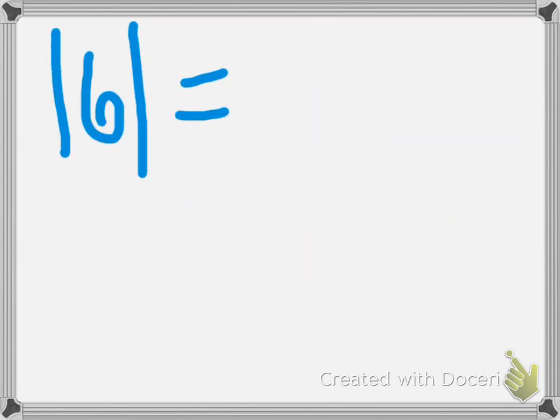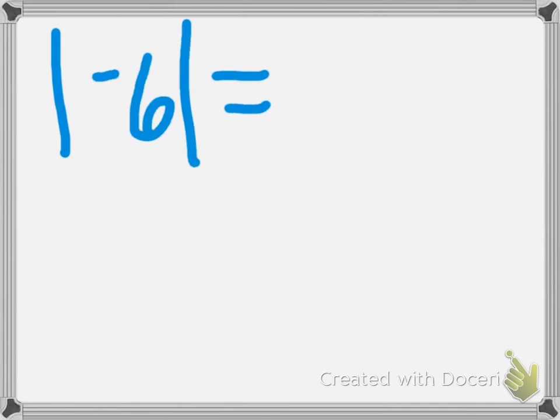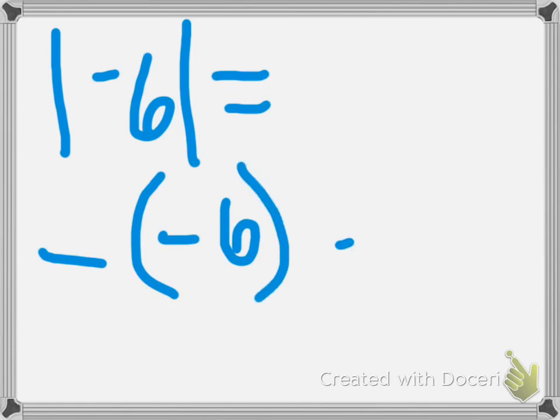So going by that definition, the absolute value of this non-negative number, 6, is going to be a positive 6. However, if we have a negative number, like this negative 6, then the absolute value is going to be the opposite of negative 6, which is positive 6.